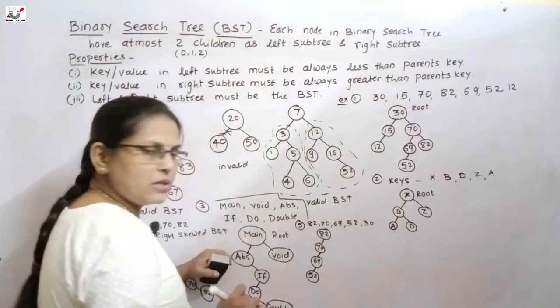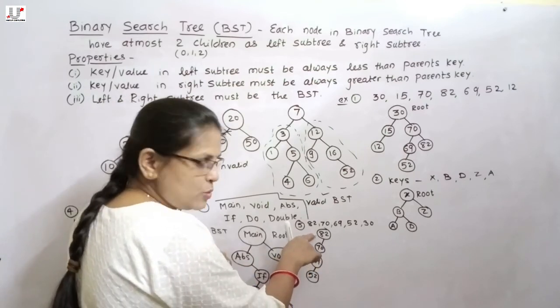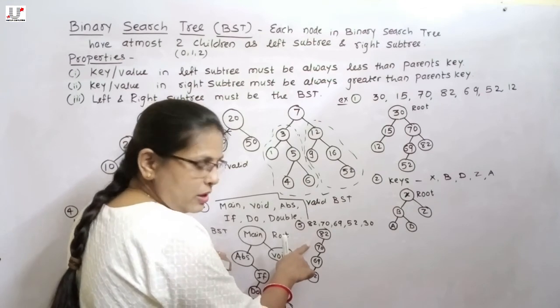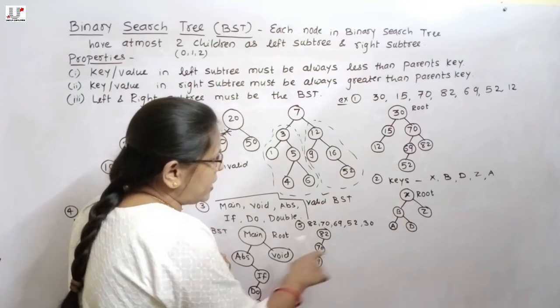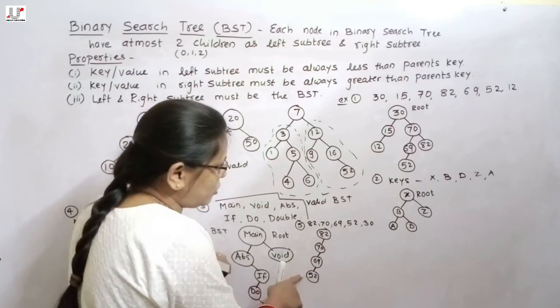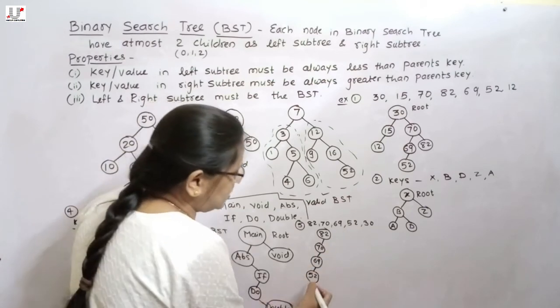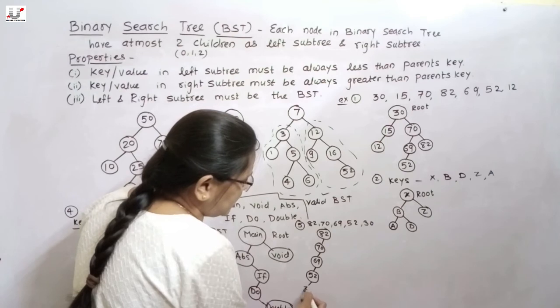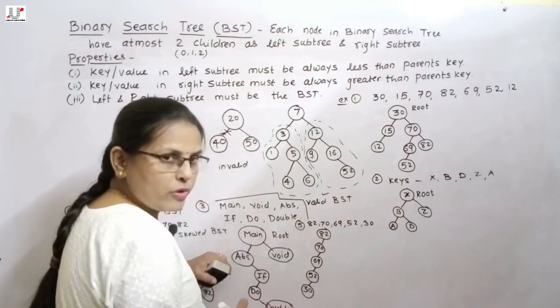Then the next element is here 30. Compare that 30 with the root node, it is smaller, so move to left. It is smaller than 70, so again move to left. Compare that 30 with 69, it is smaller than 69, so move to left. Again compare that 30 with 52, it is smaller than 52, so 30 gets added as a left subtree for 52.